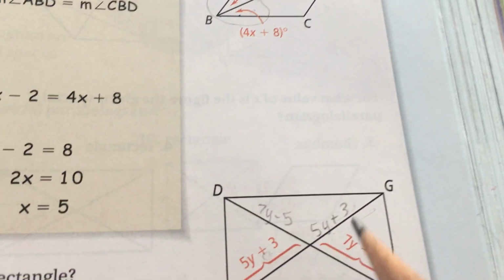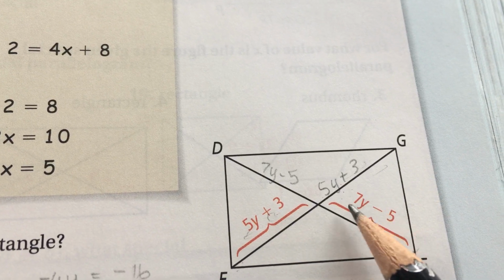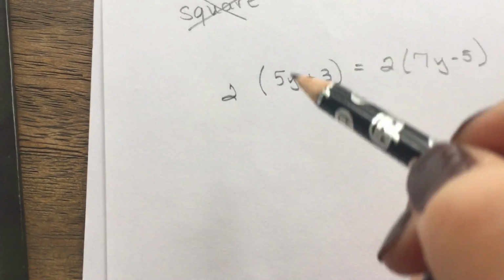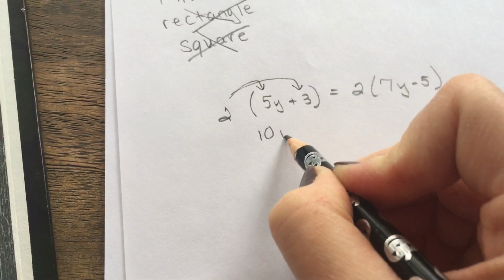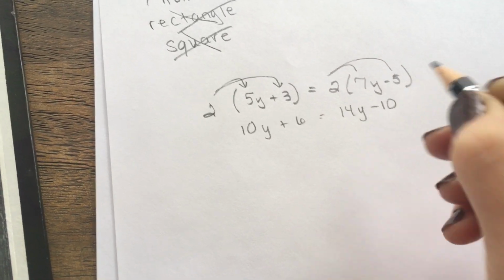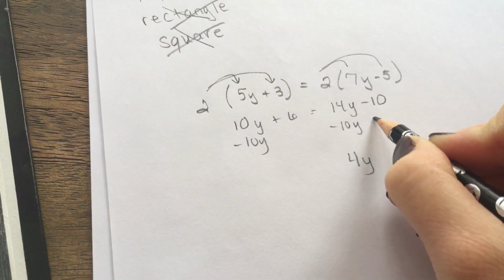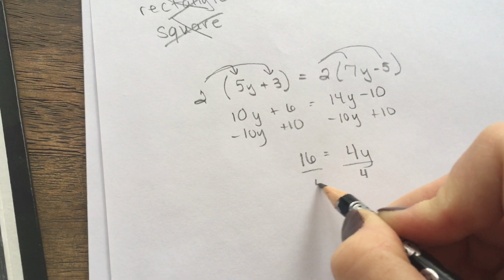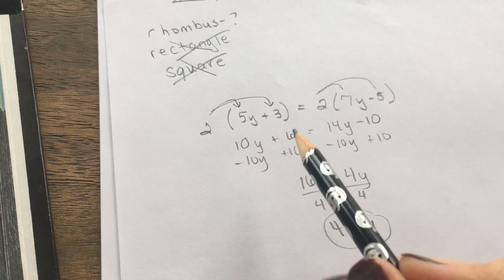Because if you have 2 of these, it would make the whole diagonal, and it will be the same length as 2 of these to make the whole diagonal. So if you solve this, you've got to distribute the 2. 10y plus 6 equals 14y minus 10. I'll subtract 10y from both sides, and I'll add 10 to both sides. So if y equals 4, you know your diagonals would be congruent.